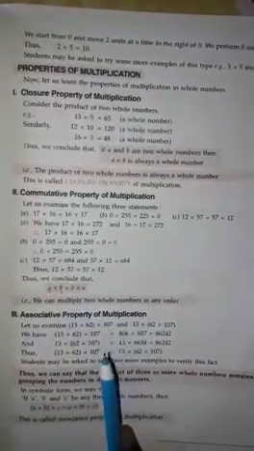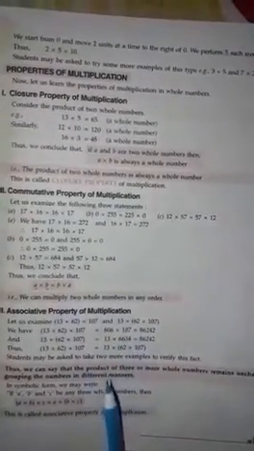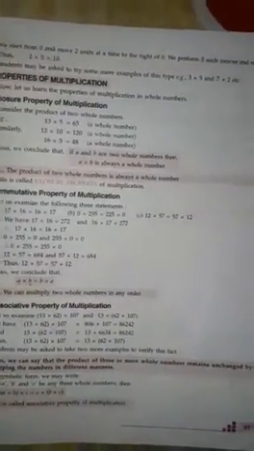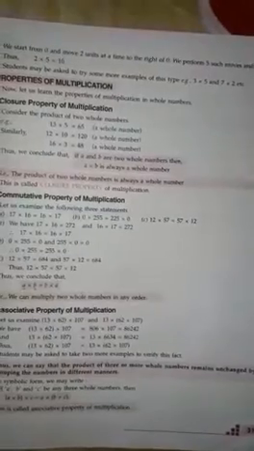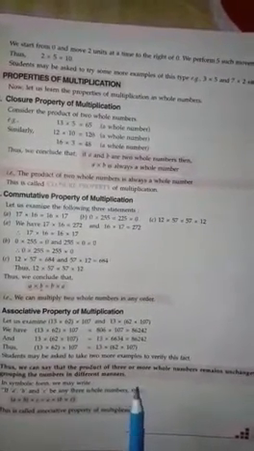And now associative property of multiplication. We can say that the product of three or more whole numbers remains unchanged by grouping the numbers in different manners.